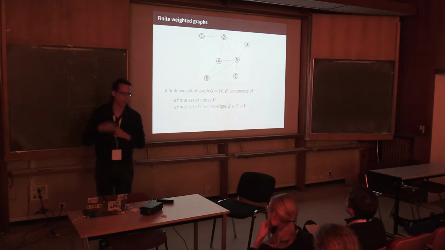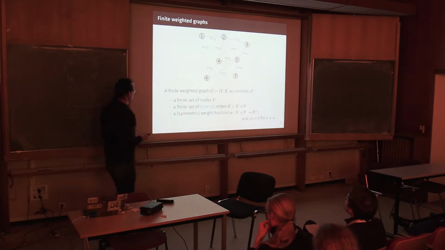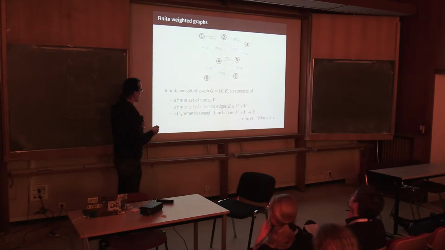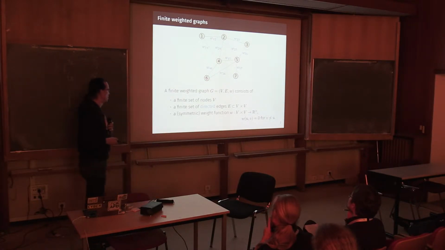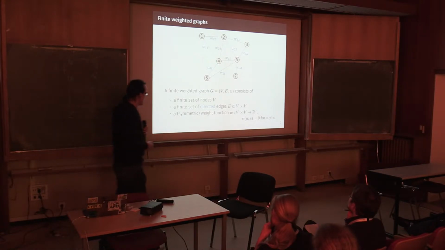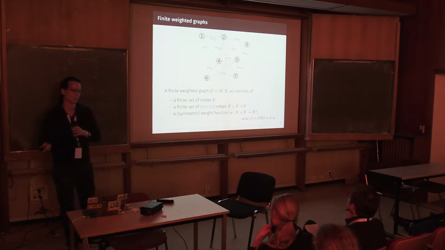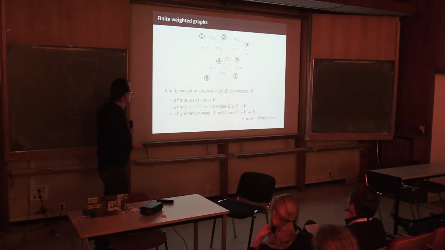The start node is u, the end node is v. And we introduce weights. If I always have both edges from 6 to 5 and from 5 to 6, then the weight function is symmetric. I can define it on the whole space of all node tuples by introducing a weight of 0 if there's no edge. So that's finite weighted graphs.